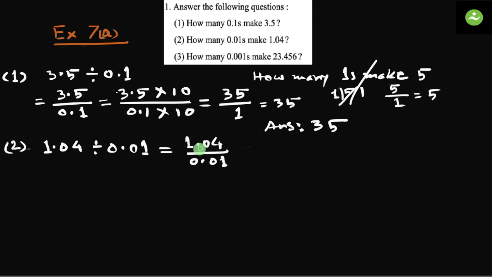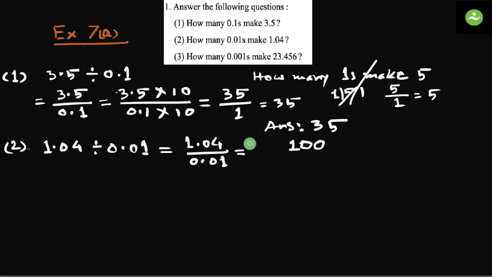Now after the decimal, how many digits? 2 digits. We can multiply both the denominator and the numerator by any number, but here, so that we can solve this problem, we multiply by 1 and then one 0 for each digit. So 1, 0 and then another 0. There are 2 digits after the decimal.